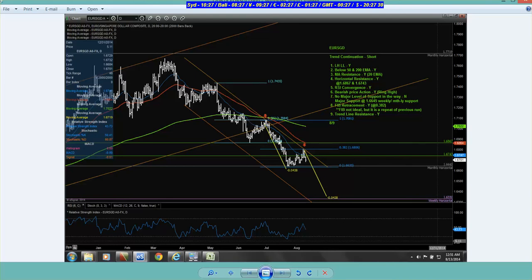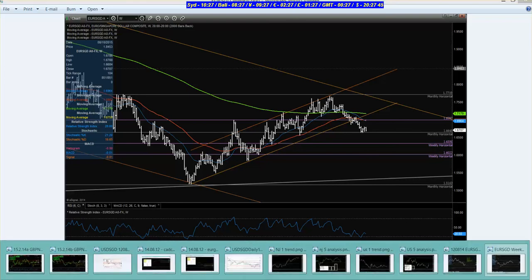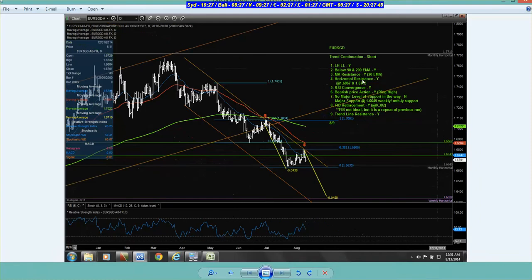Not sure what that one is. Monthly horizontal. Monthly horizontal off that low. I'll take your word for it. Lower highs below the moving averages.